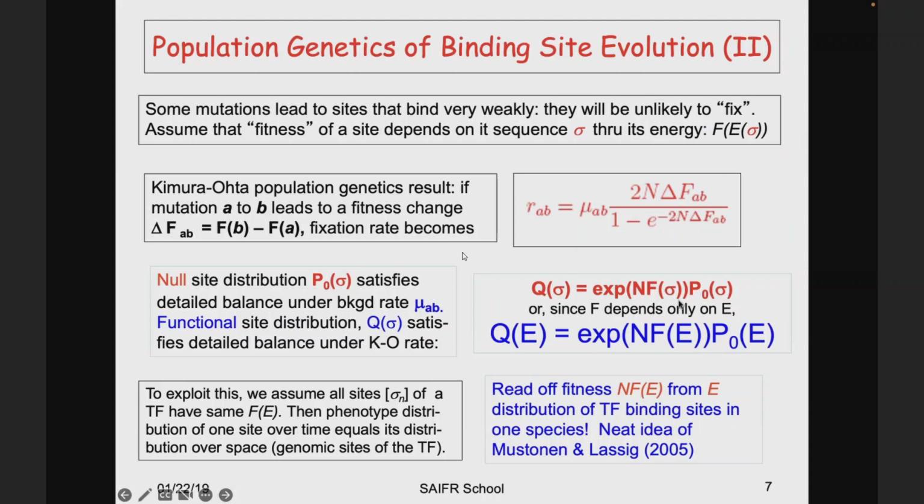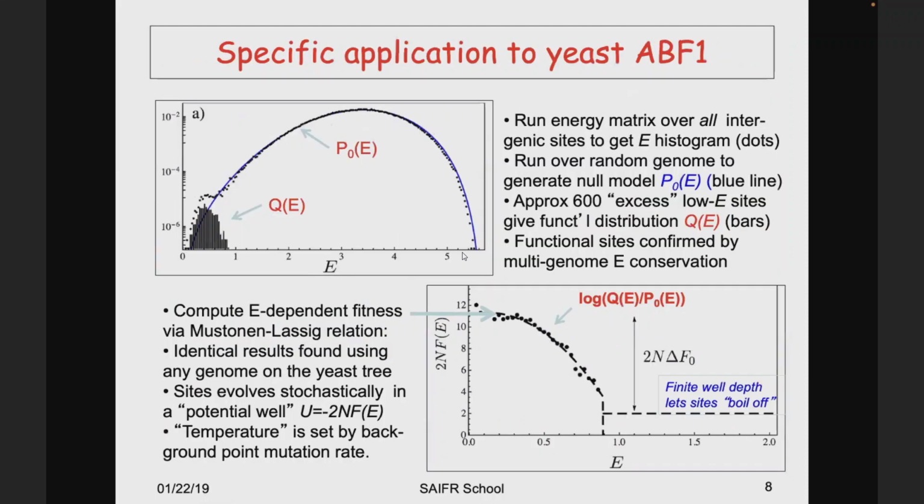The product of population size and fitness can actually be read off from the distribution of binding energies of transcription factors. So that's a little side application of this general idea. But let's see what we get from it. Let's see, go back one.